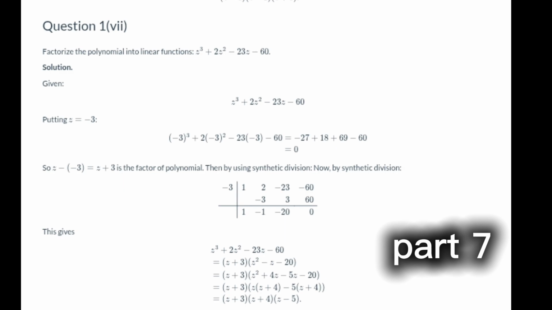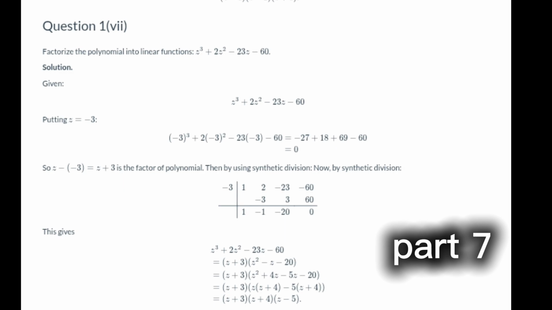Trial root. We test z equals -3. Since P(-3) equals 0, z + 3 is a factor. Synthetic division. We use synthetic division with the root -3 to find the quadratic factor. The coefficients are 1, 1, and -20. Quadratic factor. This gives the factor z² + z - 20.